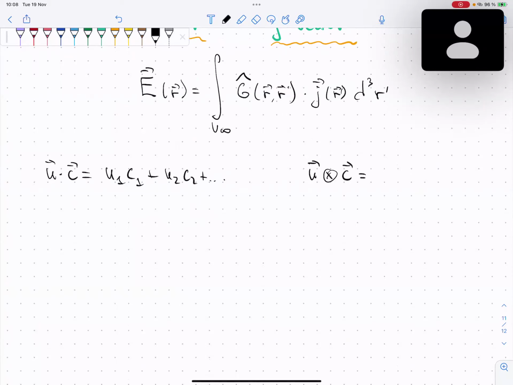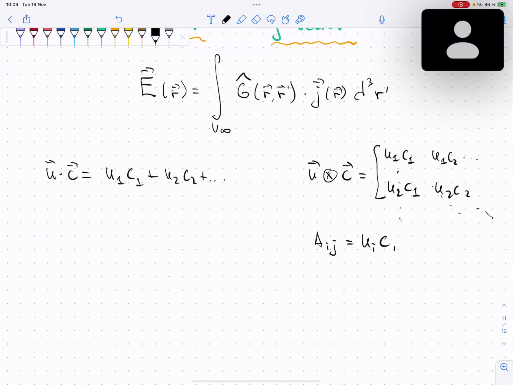It's a matrix with elements O1 C1, O1 C2, and so on, and O2 C1, O2 C2, and like this. So basically, the outer vector product will be a matrix with elements O_i C_j.